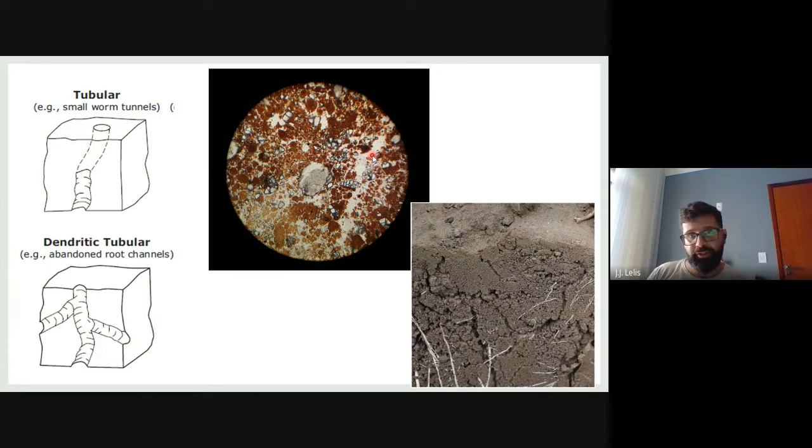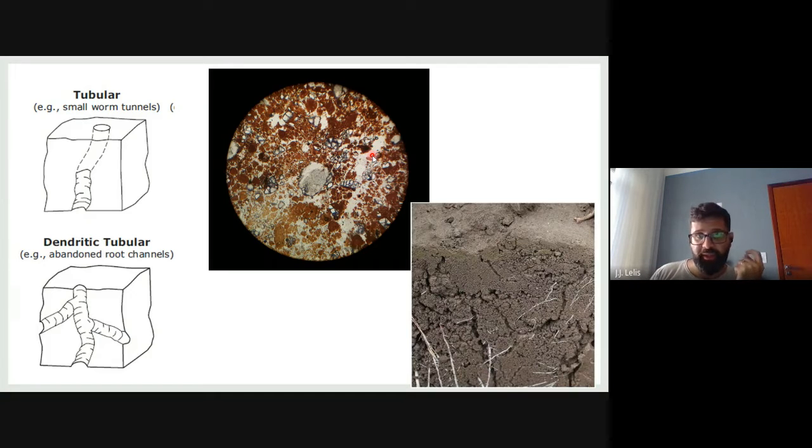So we usually can see several layers or phases of this kind of voids, and the age at which they formed can express climate condition variation through time. In the same soil profile, we can see this kind of feature at the surface and in subsurface or very deep horizons or layers.